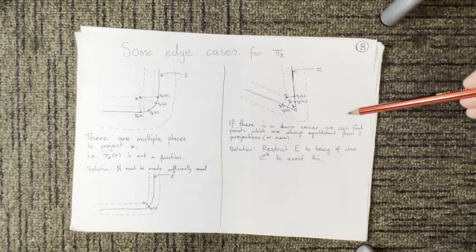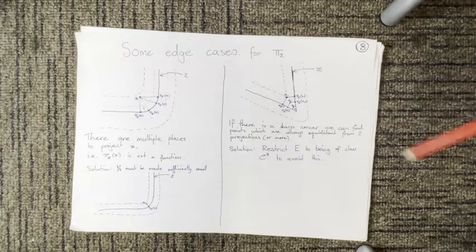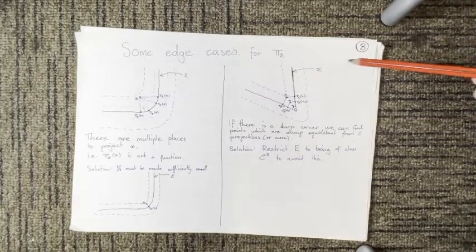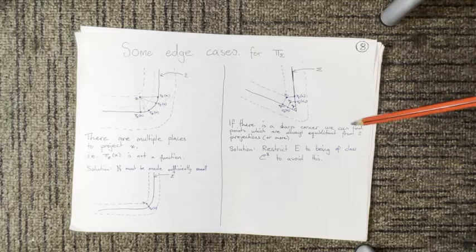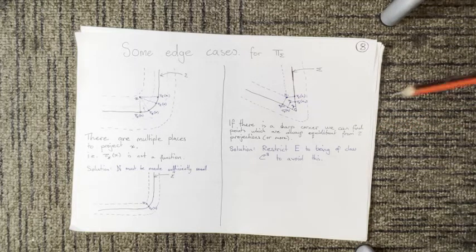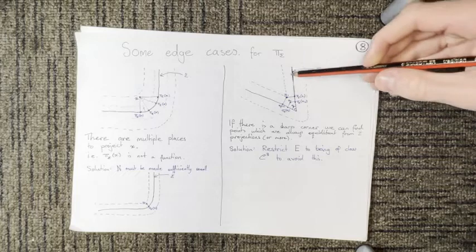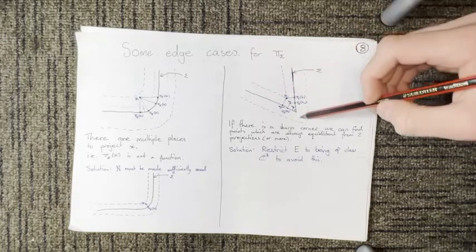There is another edge case though, where even if you can shrink your neighborhood around the hypersurface, you're still going to have points which map to multiple projection points. This is a problem because we can't solve it by just simply shrinking the boundary here. So we basically say, sorry, you can't have these situations with sharp corners.